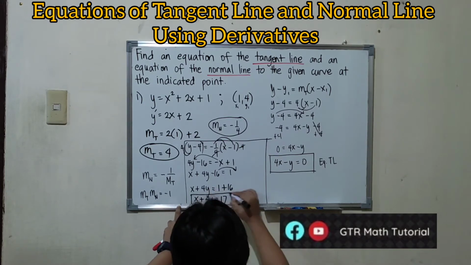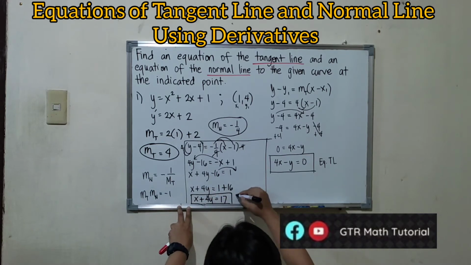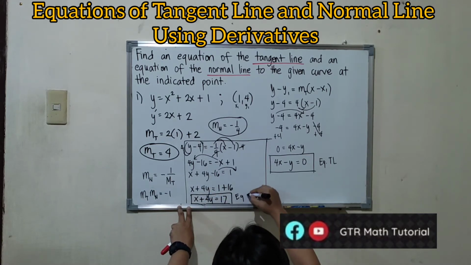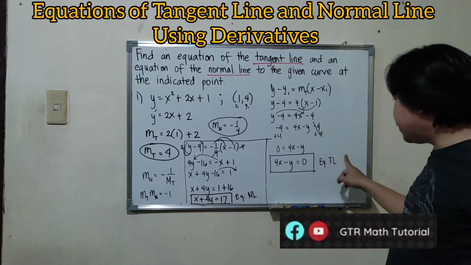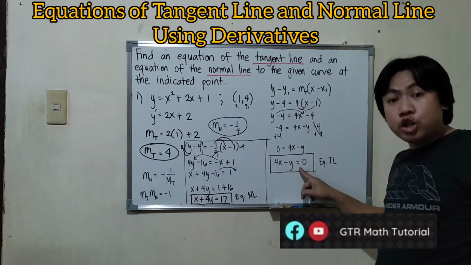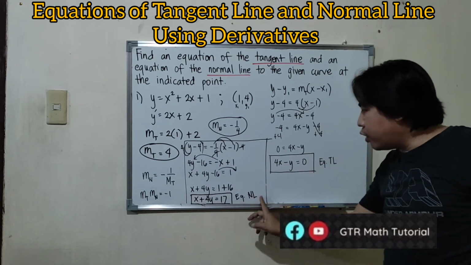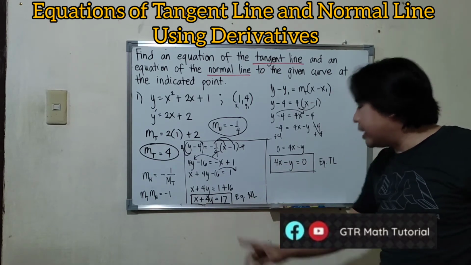So this is now the equation of the normal line. The equation of the tangent line is 4x minus y equals 0, and the equation of the normal line is x plus 4y equals 17.